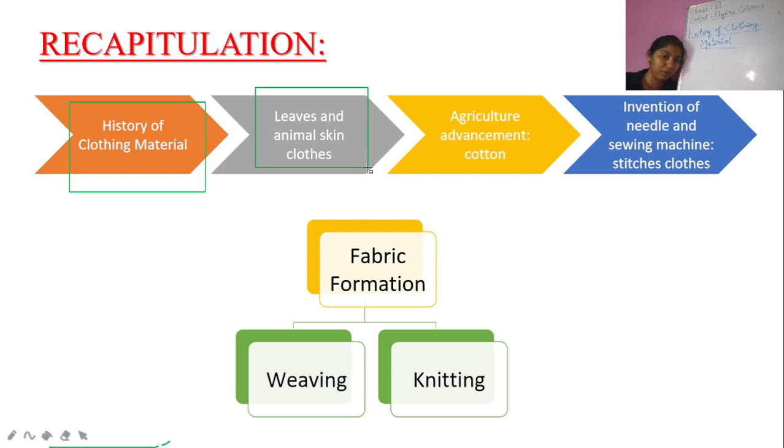And then there is the invention of the needle, that is the sewing machine, and the stitched clothes we wear, right? Later on we talked about the formation of a fabric with the help of weaving, which is taking two yarns to form a fabric with the help of looms, right? And for knitting we use one yarn with the knitting needles. Okay students, so these are the things we have discussed.